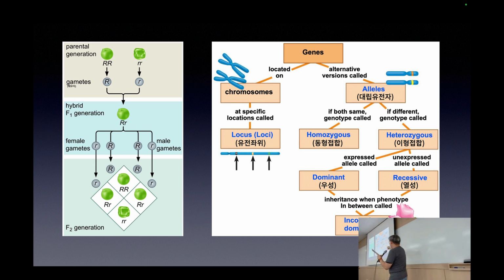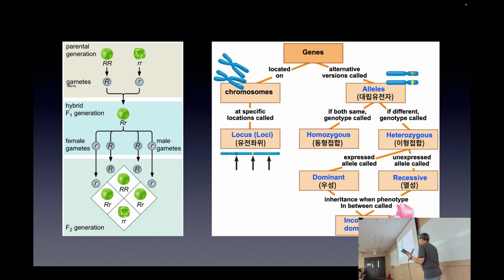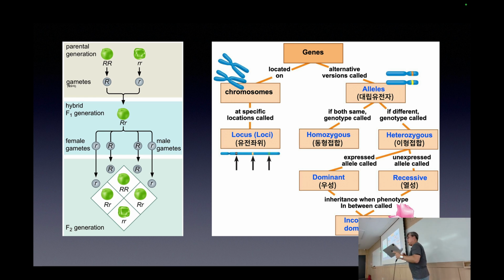So here, the right side figure is the rephrased version of Mendel's explanation about genes. He didn't know anything about the chromosome.